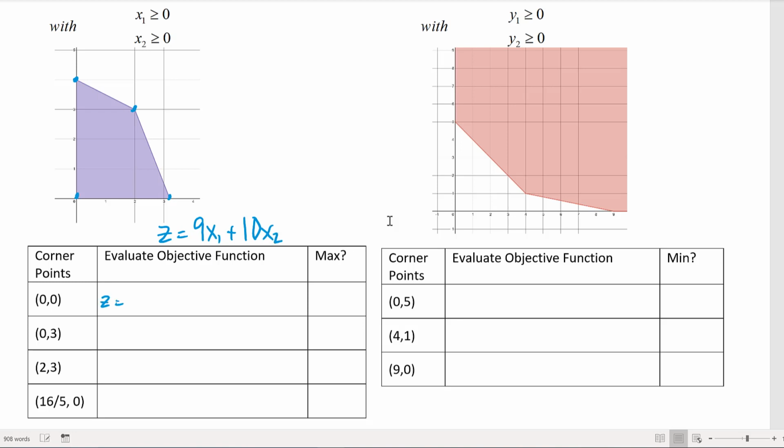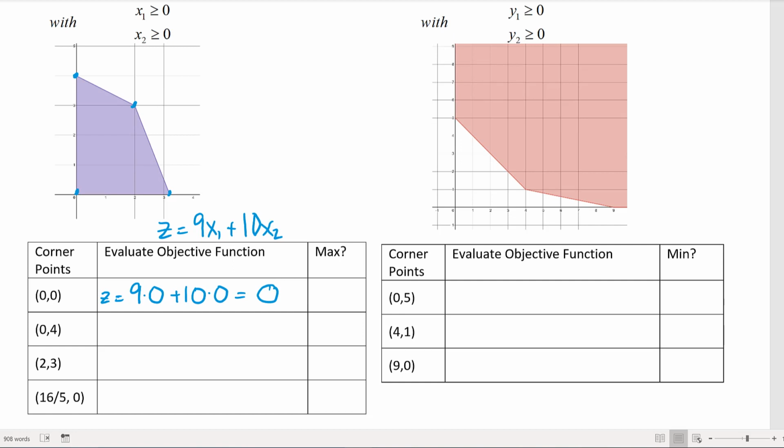So we have z equals 9 times 0 plus 10 times 0, which is 0. For our next point, 0, 4, we have z equals 9 times 0 plus 10 times 4, which is 40. So that's bigger than 0. For the next point, 2, 3, that's 9 times 2 plus 10 times 3.